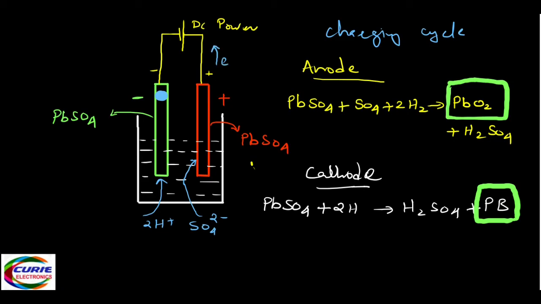Electrons flow from the cathode to the anode, so we are getting a current flow. Sorry, this is actually charging; that flow is in the discharging process.